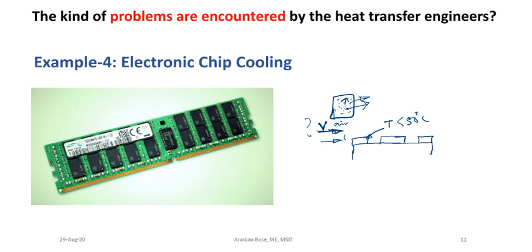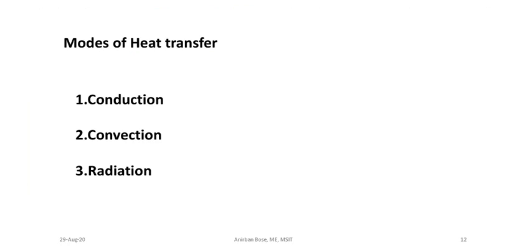Or suppose, on the other hand, if this is the velocity that is known for a particular fan, then what should be the surface temperature of the chip? So this question also we will be able to answer. Okay. So these are the kind of problems that we are going to deal with in the heat transfer course. In the next lecture, we'll start discussing a very brief introduction of the conduction, convection and radiation. Okay, thank you.